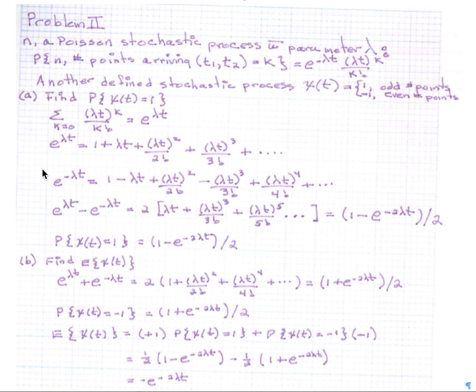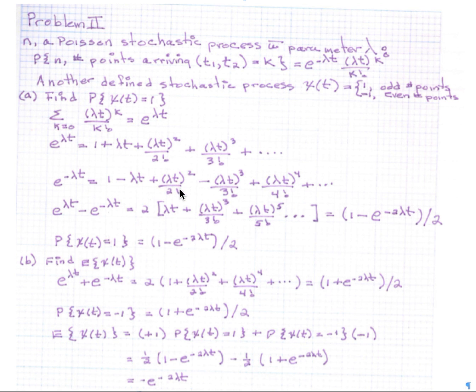Then we come up with e to the minus lambda t, and that's equal to 1 minus lambda t plus lambda t squared over 2 factorial.